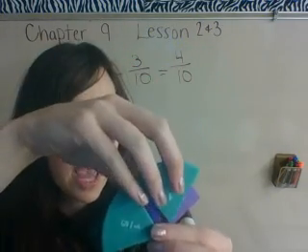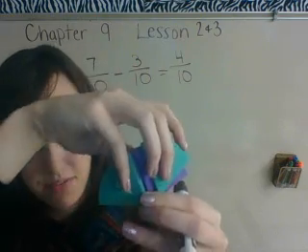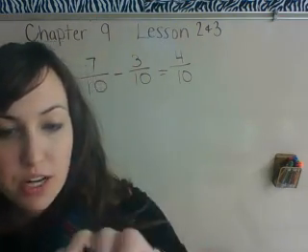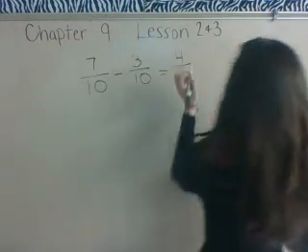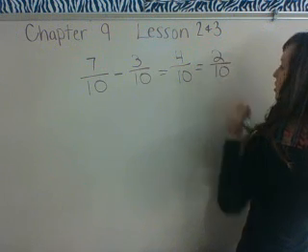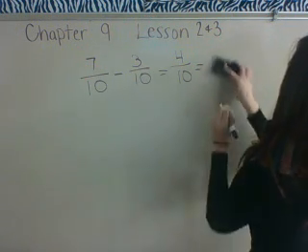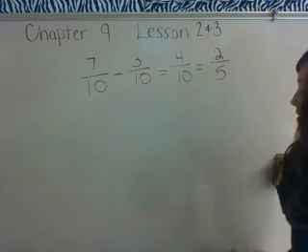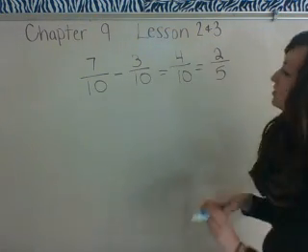I could actually lay my 5ths on top of it and it would be the exact same size. So what I want to do is reduce it and get 2/10. Or no, 2/5, sorry. I was looking at that 10. 2/5.